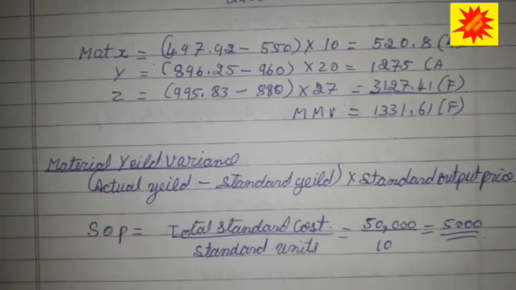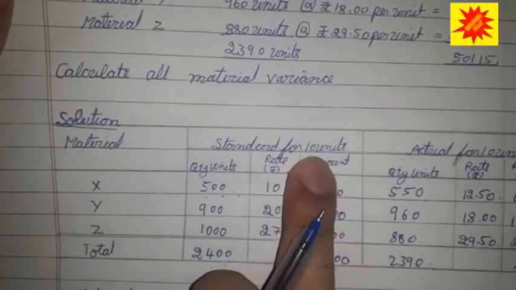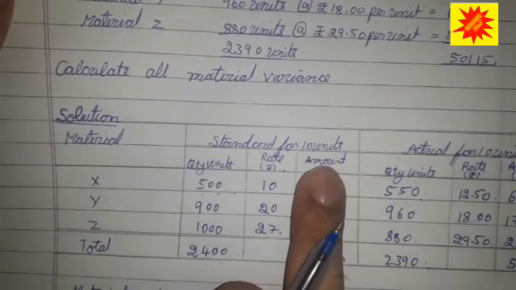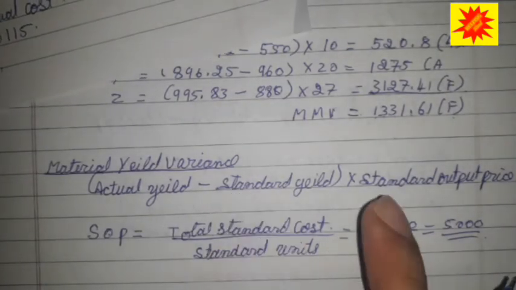Next, we have to see the standard yield. How to calculate the standard yield? They have told us the standard quantity, the units also is 10. We have assumed it, right? But now let us actually find out what if this was the cost, then what would have been the standard yield.